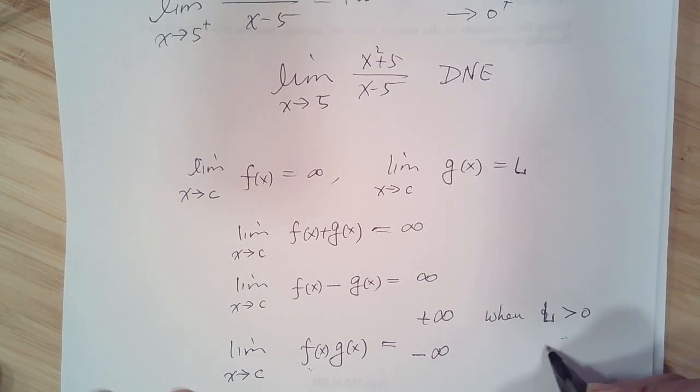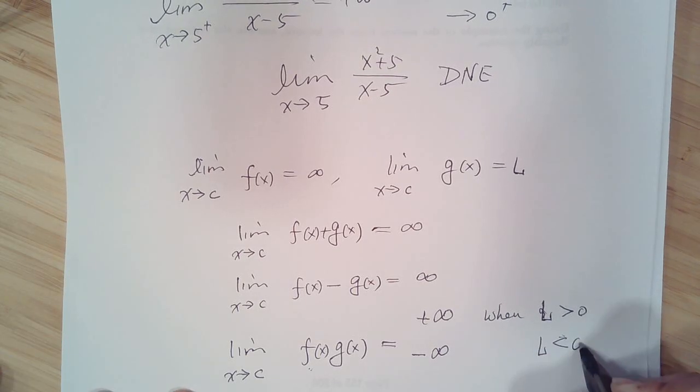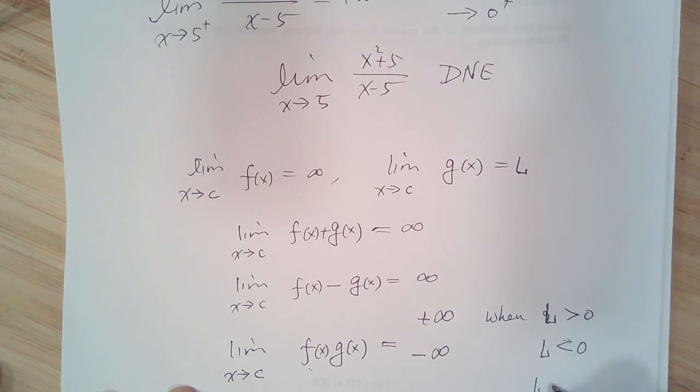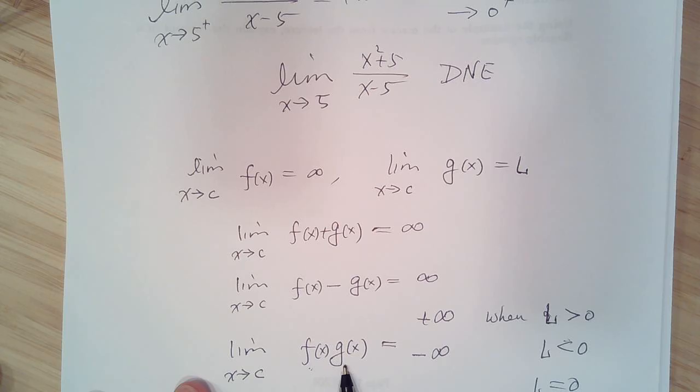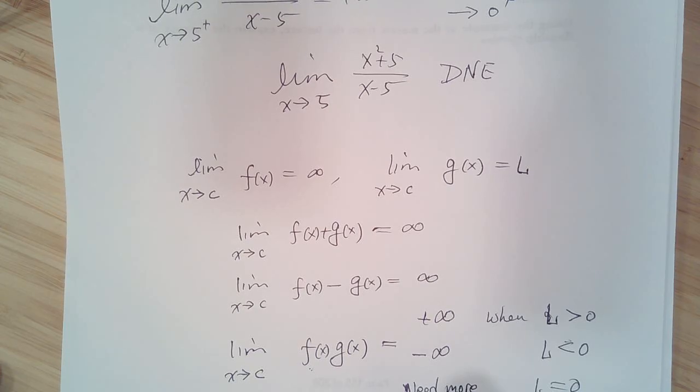It's negative infinity when L is less than 0. But when L equals 0, when L equals 0 means the limit of g is approaching 0. You want to multiply by an infinity? We don't know. We need more work. Okay, don't do anything. You need more work.